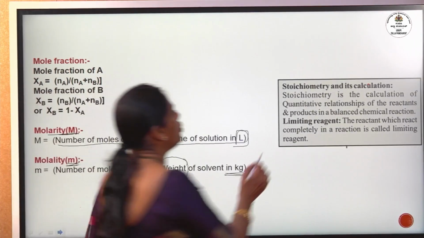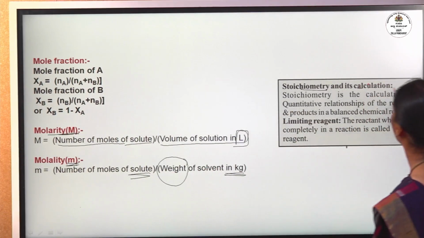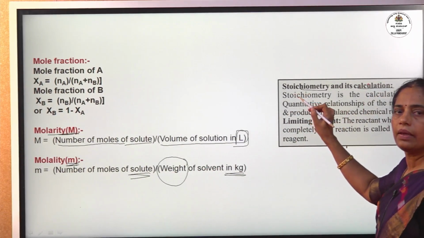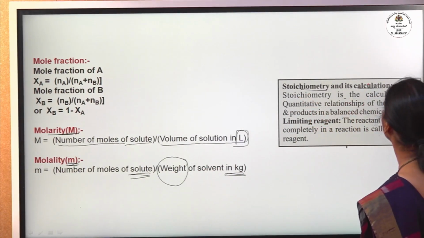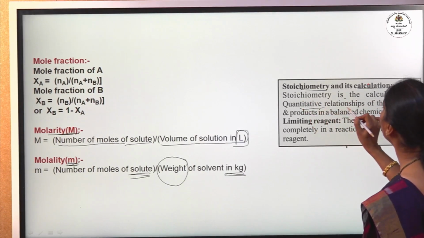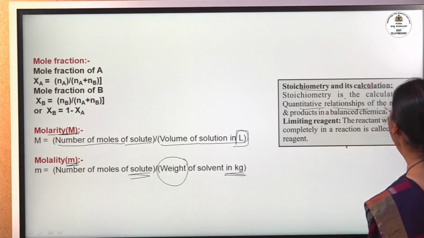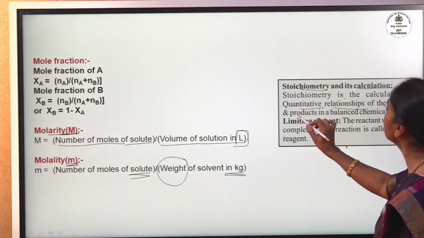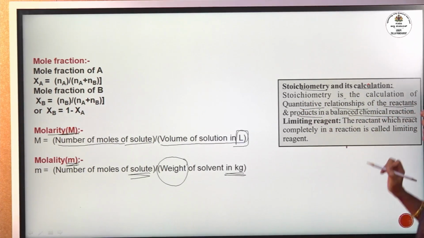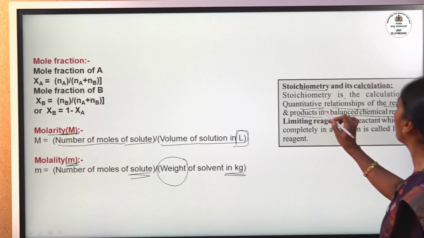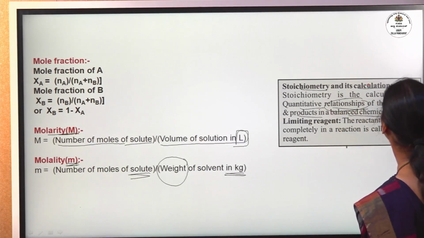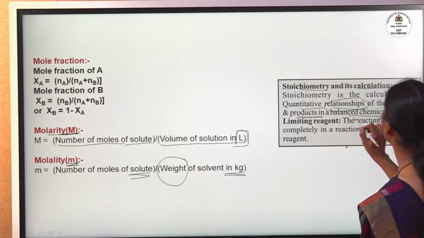Now we will move on to stoichiometry and its calculations. Stoichiometry is the calculation of quantitative relationships of the reactants and products in a balanced chemical reaction.